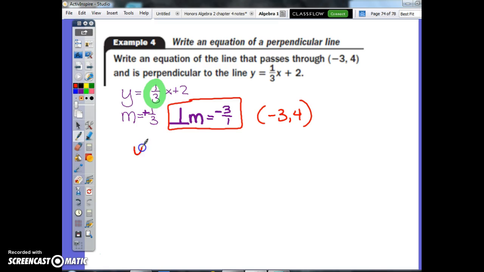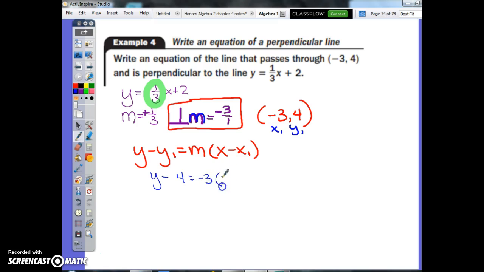We're going to use the equation y minus y sub 1 equals m times x minus x sub 1. Plug in what we know. Remember that this is x sub 1, this is y sub 1. Here's our m, just so you know. We're going to say y minus 4 equals a negative 3 times x minus a negative 3.